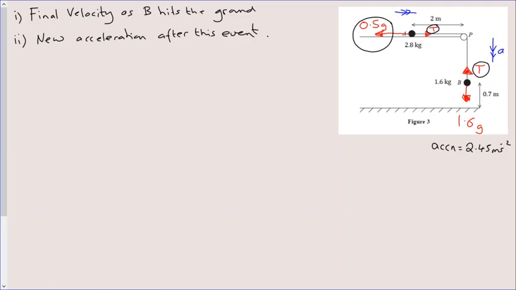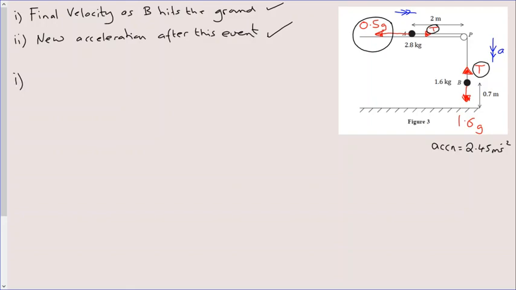So there are 2 key questions I need to establish. I want to find the final velocity as B hits the ground, and then the new acceleration after this event, when the string becomes slack. Once I know this final velocity and the new acceleration, I can set up a new SUVAT equation because it's a new constant acceleration situation.